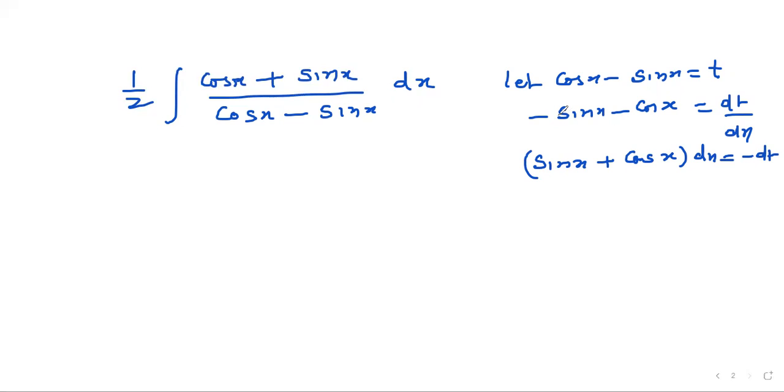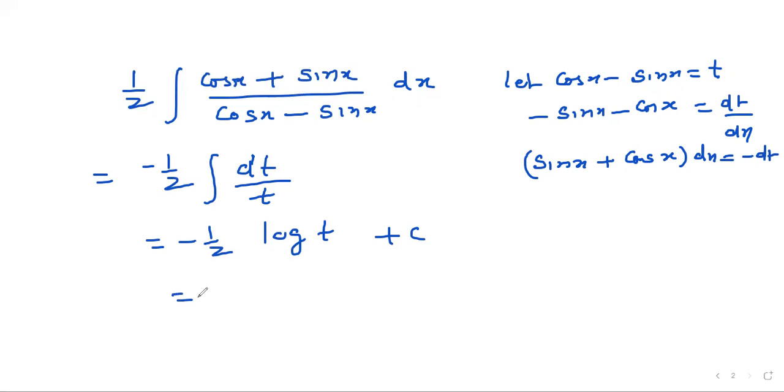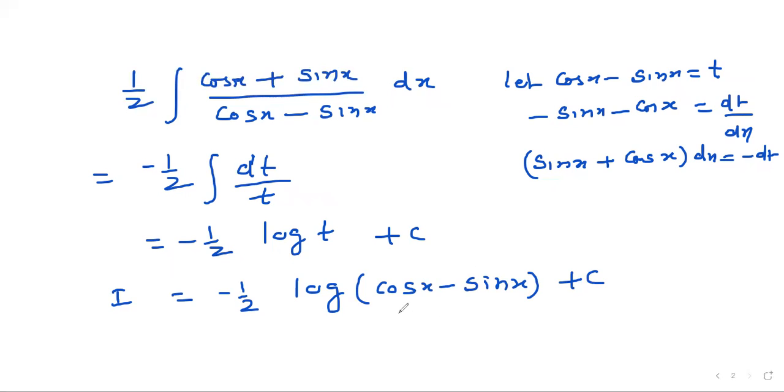Here I have multiplied by minus 1. So it will become minus 1 by 2 integration dt upon t. So this will become minus 1 by 2 log t plus c. So this value of I, minus 1 by 2 log of cos x minus sin x plus c. This value we will put in first equation and we will get the answer.